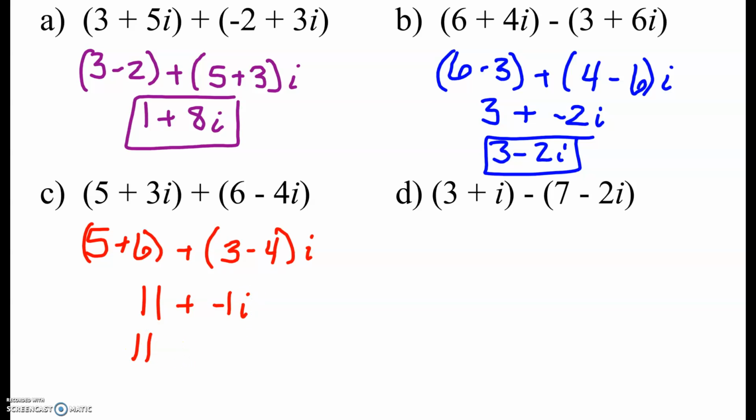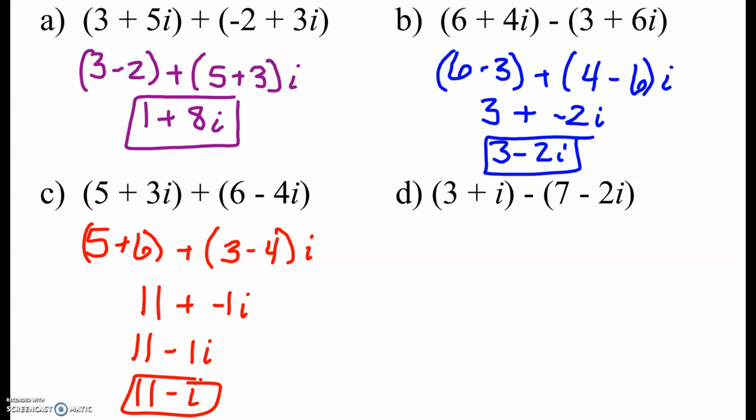Again, I would write that as minus 1i, or you will often see it without the 1. Either of those last two are correct.